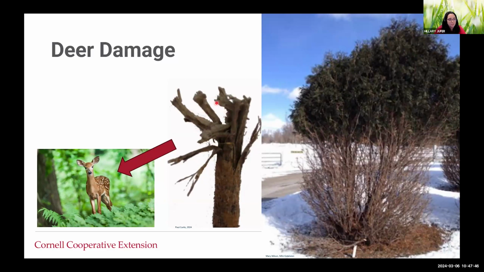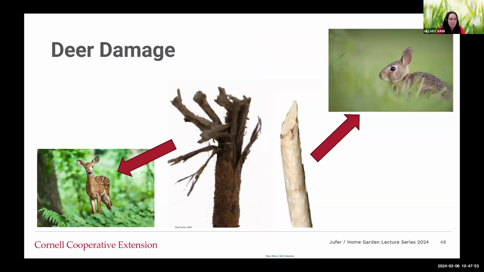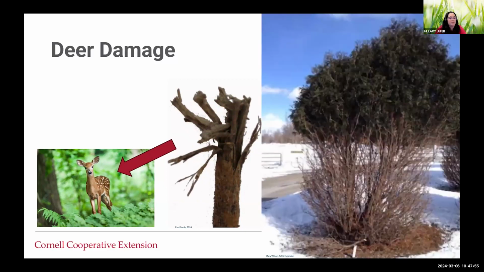So they leave an ugly, jagged bite, I guess you can say, versus the rabbit where it's really clean. And they can permanently disfigure that ornamental if it's done yearly, and it could negatively affect the fruit yield too.